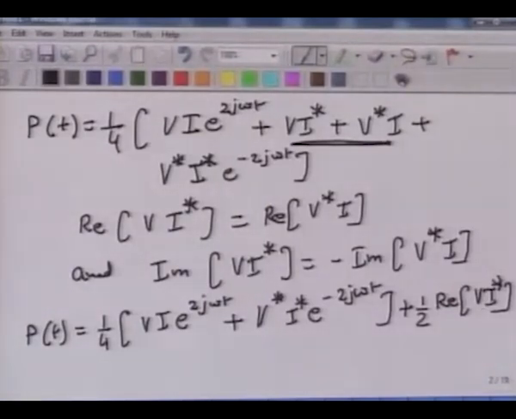Okay. So now I will try to simplify this term. I have simplified this term. This has been taken care of. I have to simplify this term.